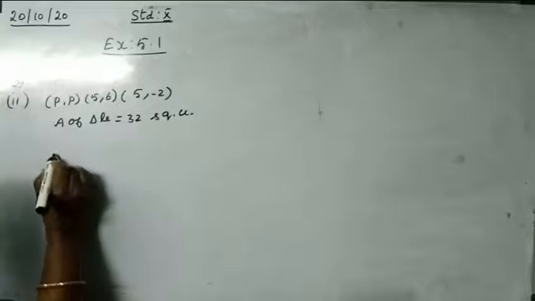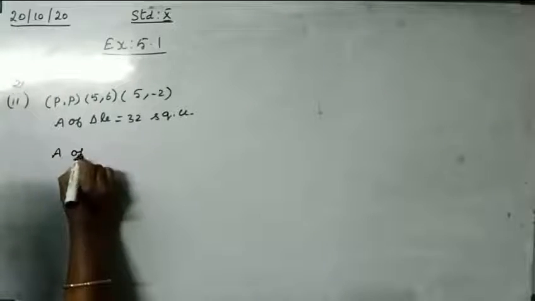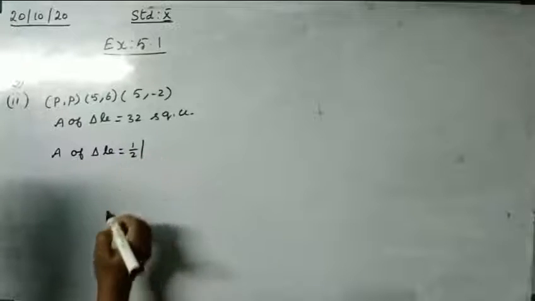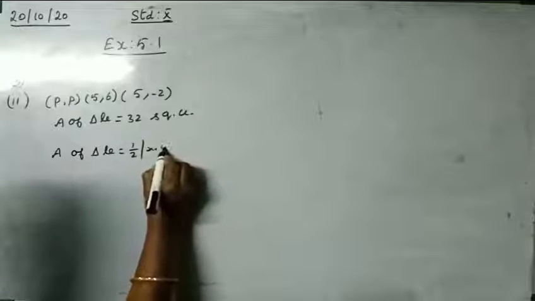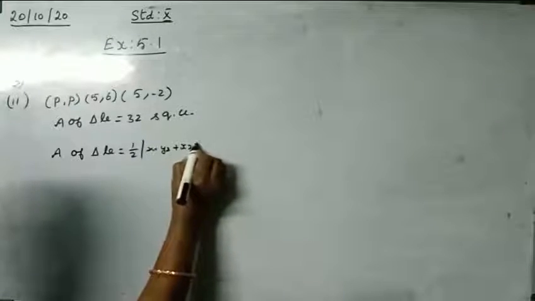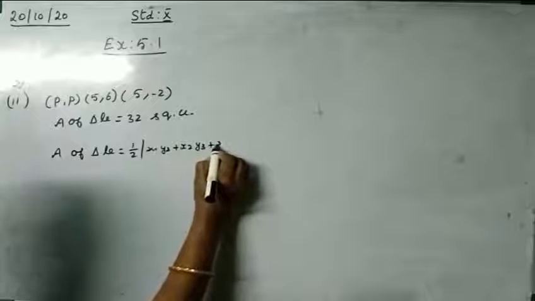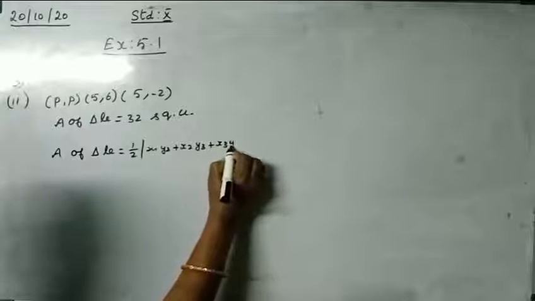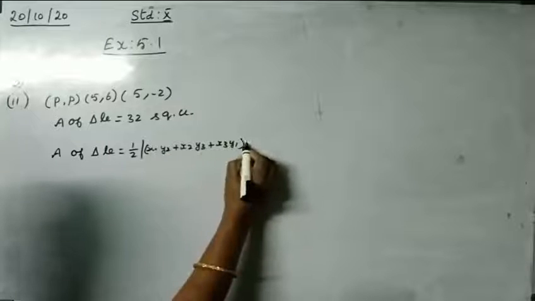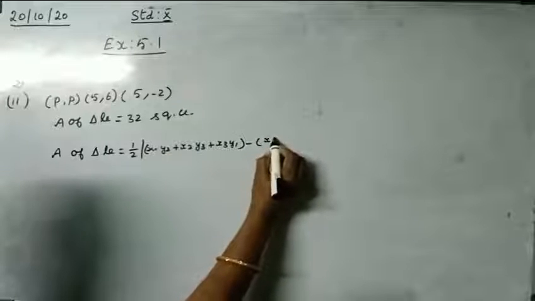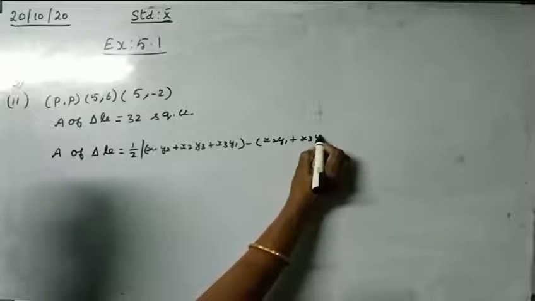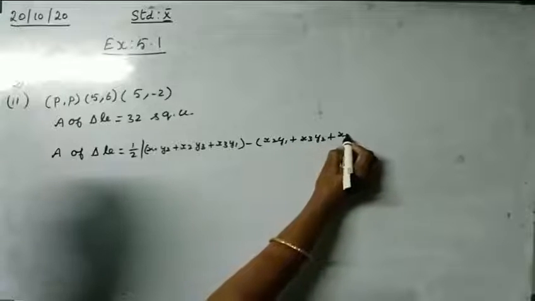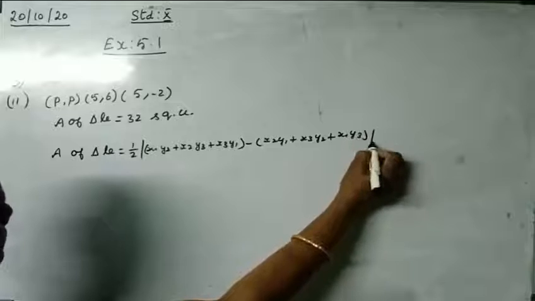Once again, as per the formula, area of triangle is equal to 1 by 2 modulus of x1 y2 plus x2 y3 plus x3 y1 minus x2 y1 plus x3 y2 plus x1 y3.